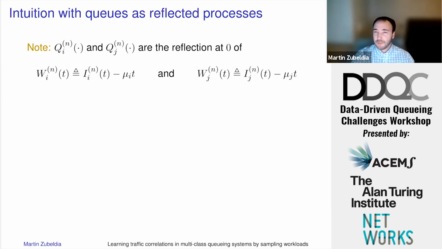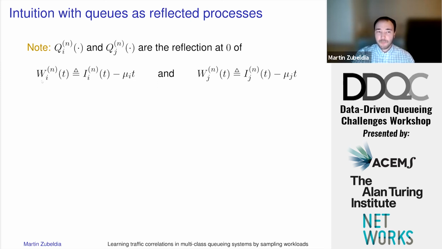The more intuitive explanation, and I think the one that shows better that there's a loss of information, is when we think about Qs as reflected processes. A well-known fact in queueing theory is that you can look at Qs as the reflection at 0 of the free workload processes, where the free workload process W is defined as the input process minus the rate of the server multiplied by time.